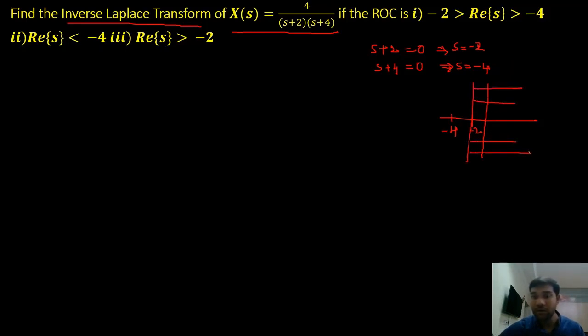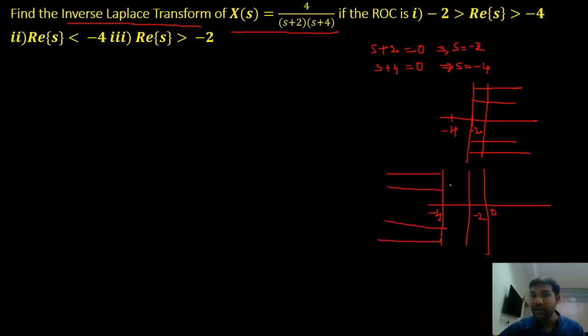This is one kind of ROC. The other kind of ROC will be, this is minus 2, this is 0, and this is minus 4, the second kind will be less than minus 4. Because it has to be either bounded by poles or it should extend to infinity.